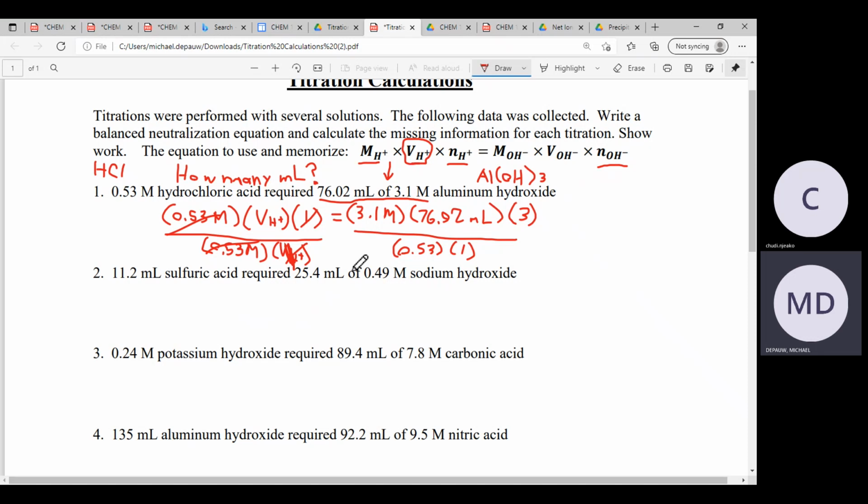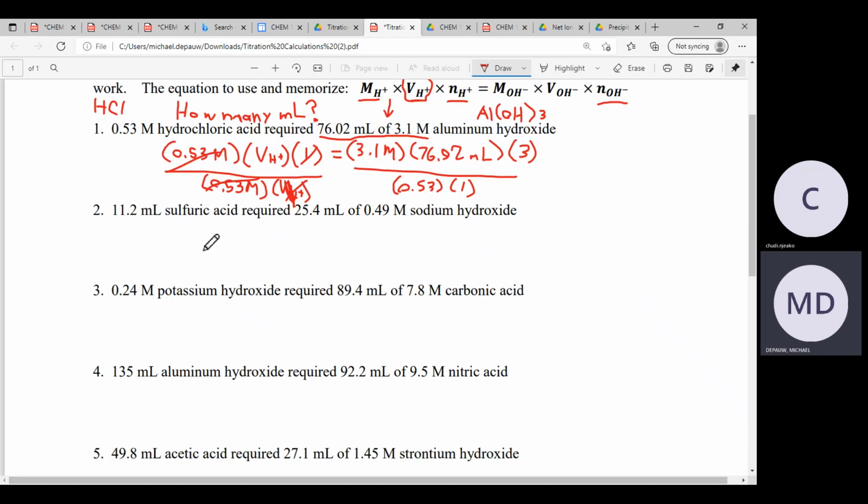Otherwise, what you can do is write and balance the equation, and then do solution stoichiometry. I can show you what that would look like for the problem I just did above. I would basically write aluminum hydroxide plus HCl, and then I'd have to predict the products, which would be aluminum chloride and water.